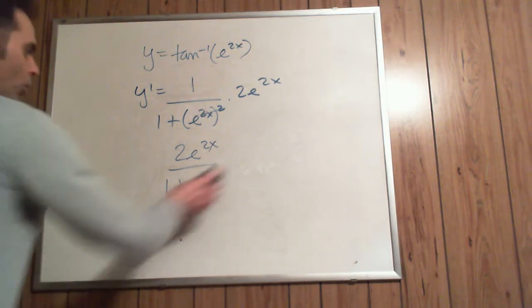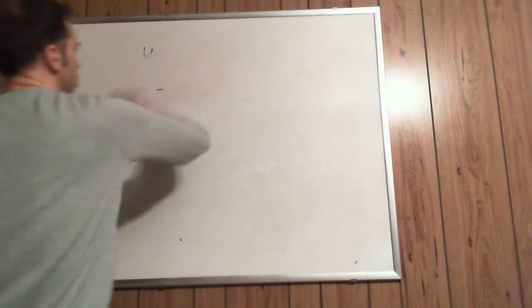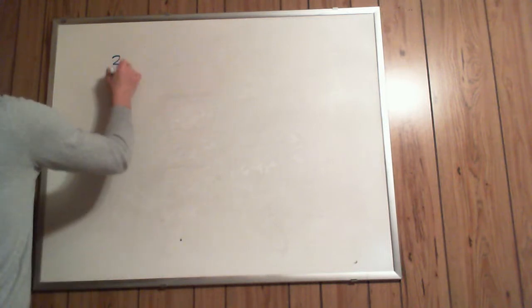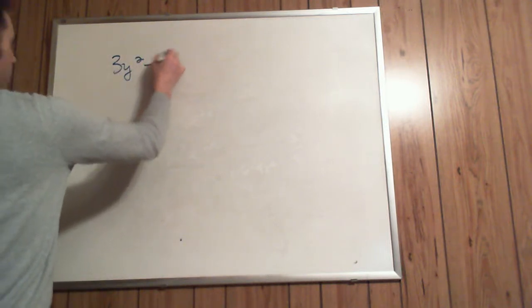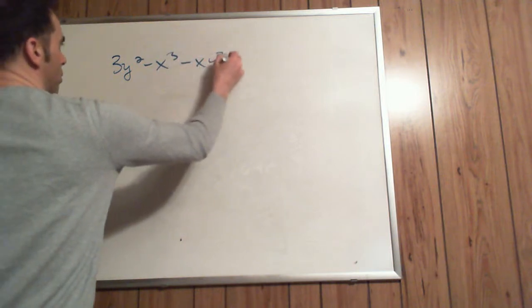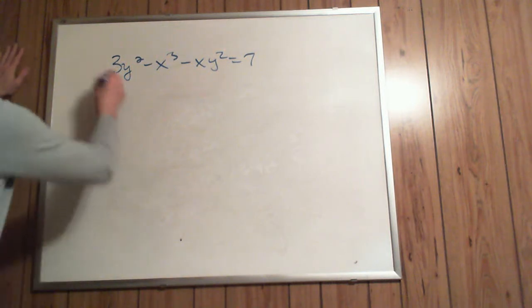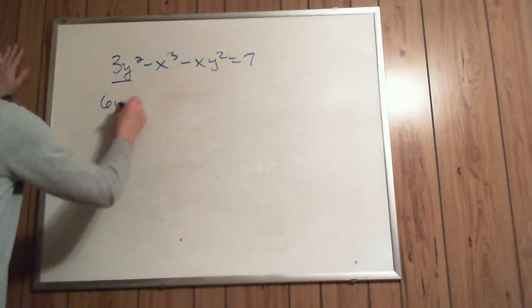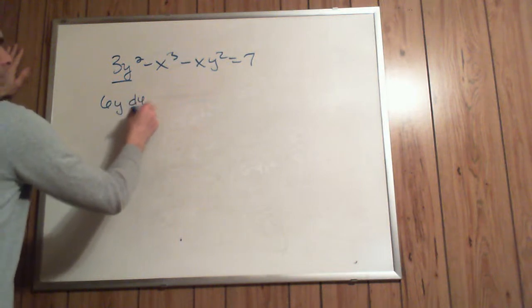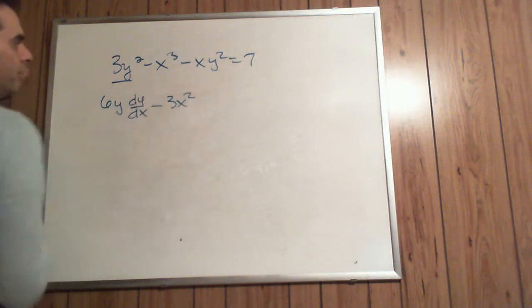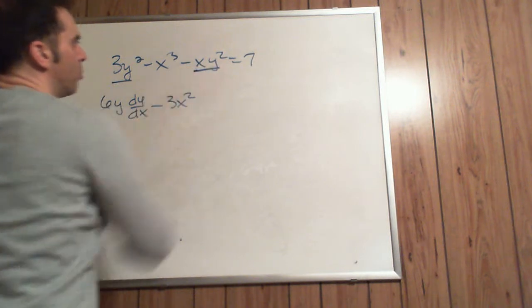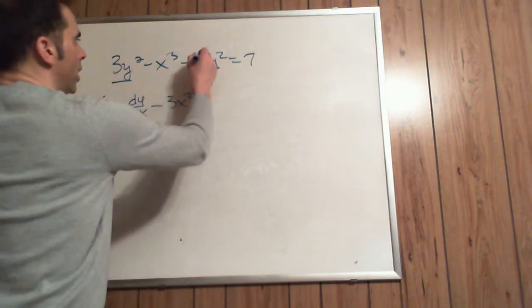And just one more on implicit differentiation. A very common problem is, suppose we have 3y squared minus x cubed minus xy squared equals 7. Okay, to find dy/dx, this would be here 6y dy/dx minus 3x squared. This is going to need a product rule. Be careful of the minus sign.